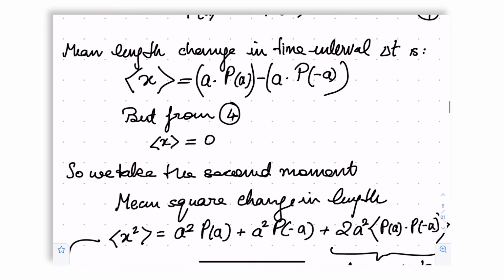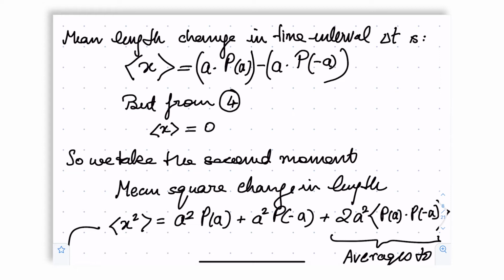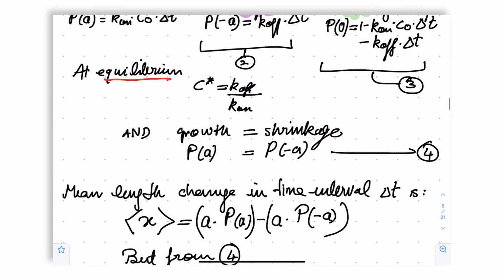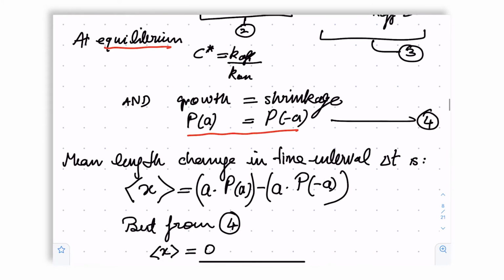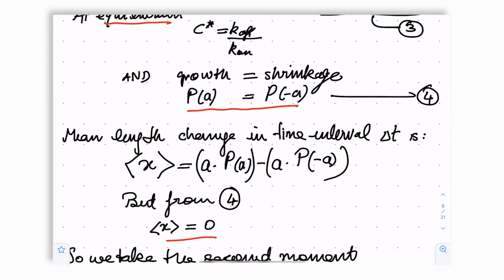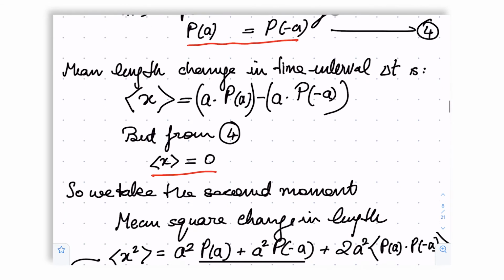Then the mean length change in a time interval delta t becomes the average of a times P of a minus a times P of minus a. But remember, we just said that these two are equal, which means that this is basically zero.